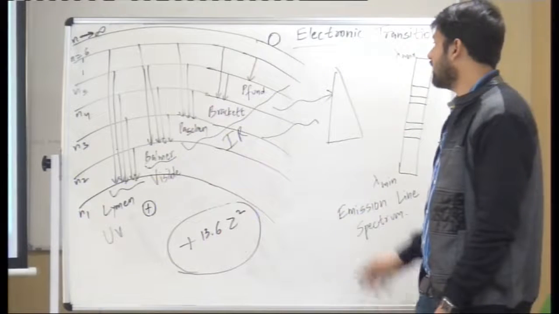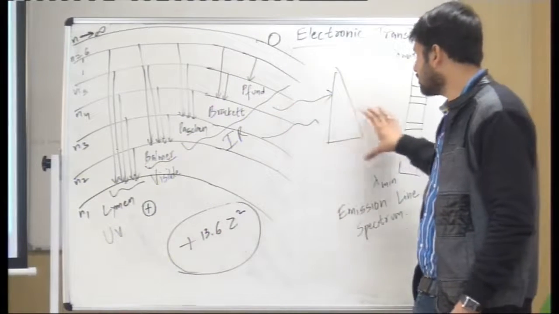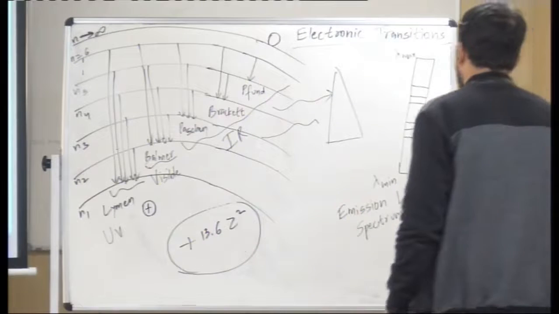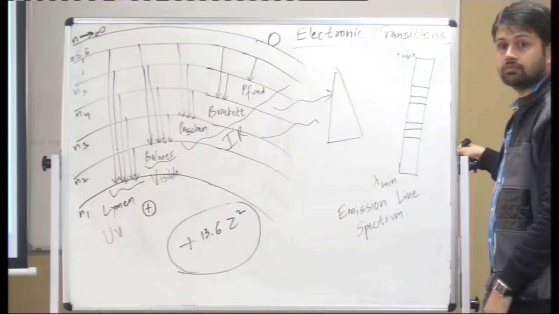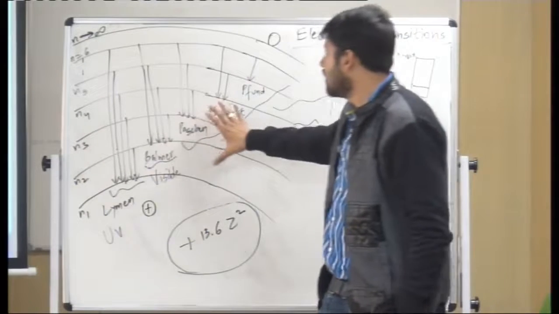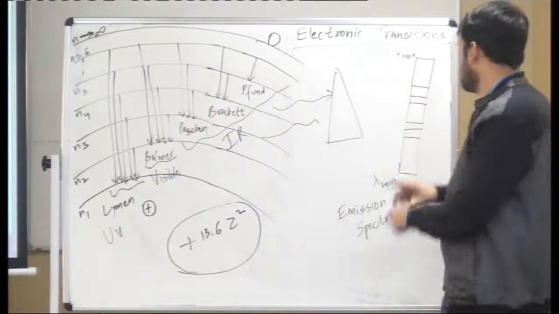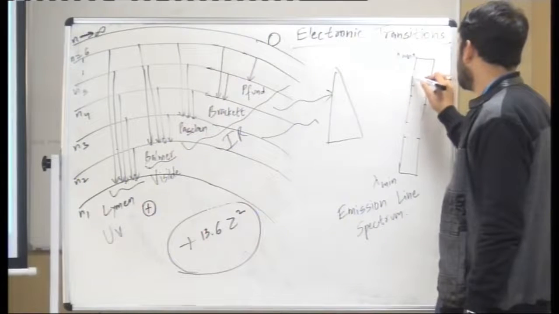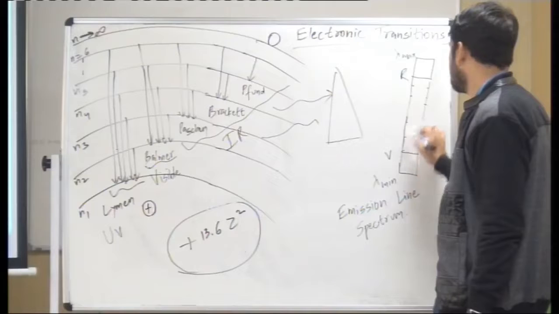Now if we allow the light, let's say sunlight, to pass through this gas sample, and then through the prism, we would see a continuous pattern from red to violet.